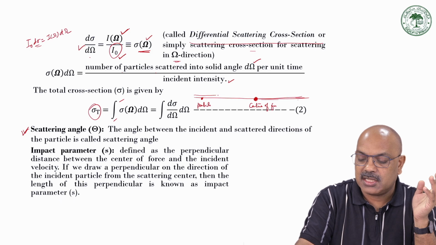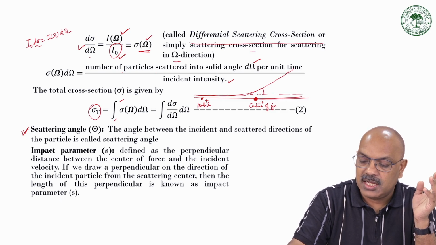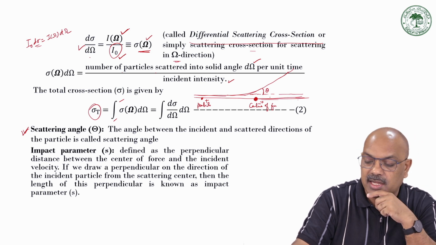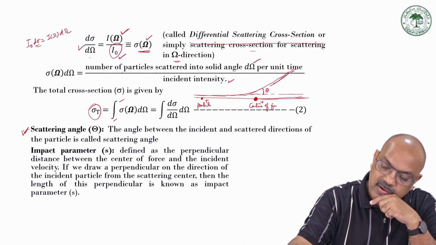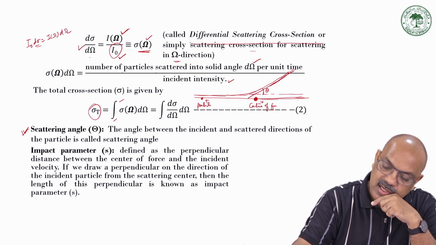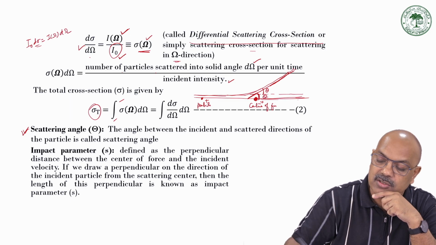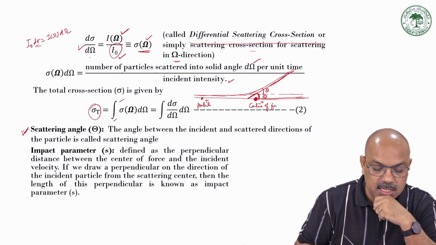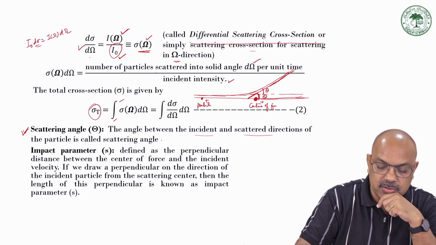But if the particle is coming and, because this is a positive charge, it gets deflected from its original path, this angle is going to have some theta, which is known as the scattering angle. If you draw an asymptote along this line and cut it with the original direction, that angle is your scattering angle. So the angle between the incident and the scattered direction of the particle is called the scattering angle.